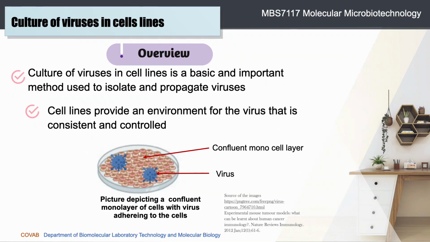The picture shows confluent monolayers of cells with viruses in blue adhering to these cells. The viruses are going to gain entrance into the cells and start replicating, bringing us to the phenomenon of culturing or passage of viruses in cell lines.